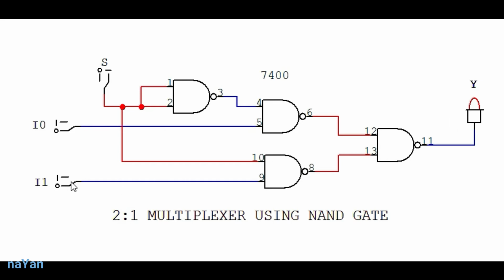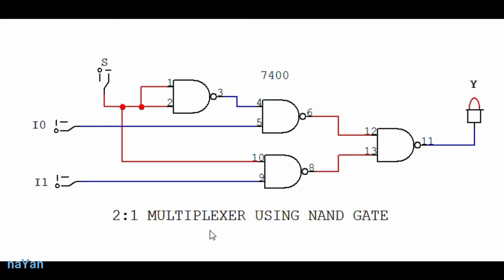When I1 is 1, we get 1 at output. At this time, if we change value of I0, it will not affect our output. So that's how a 2:1 multiplexer works.